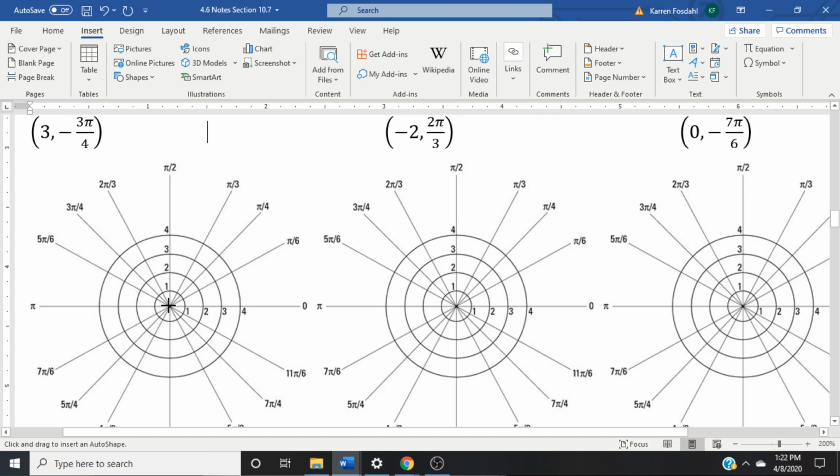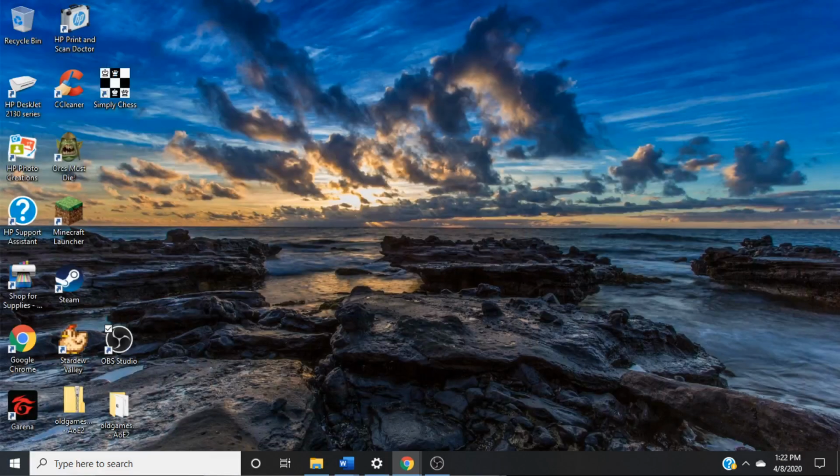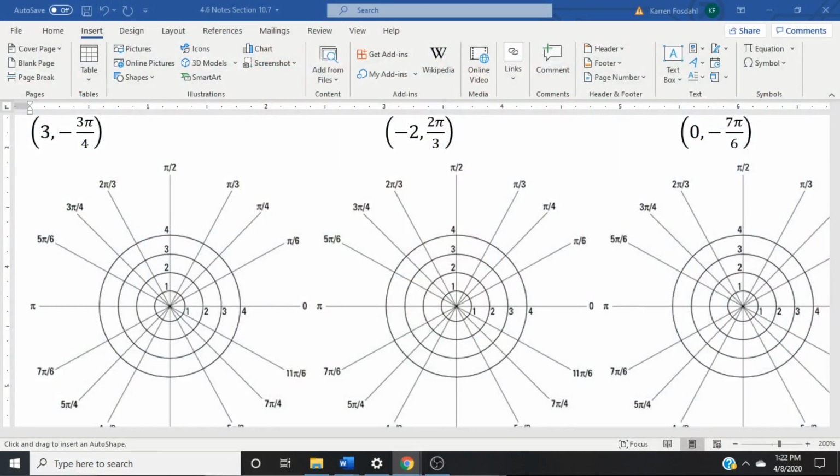Negative 3 over 4 is going to give us, actually, you know what? We don't have the circle thing. You don't need to make the circles.